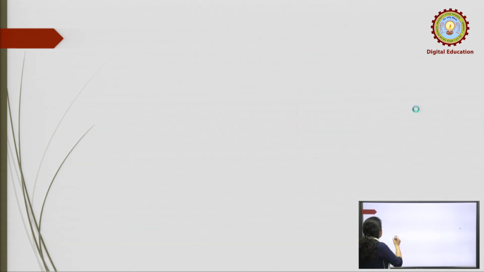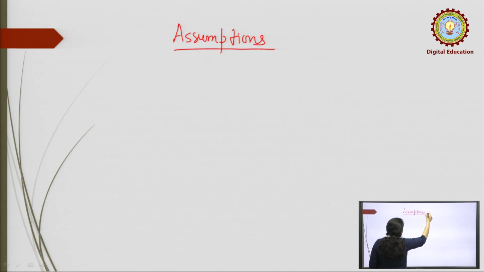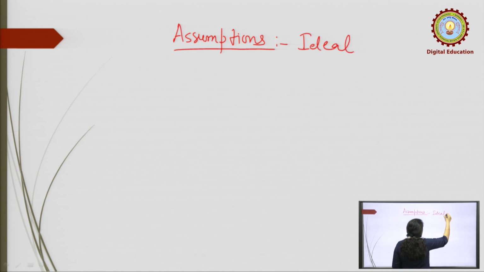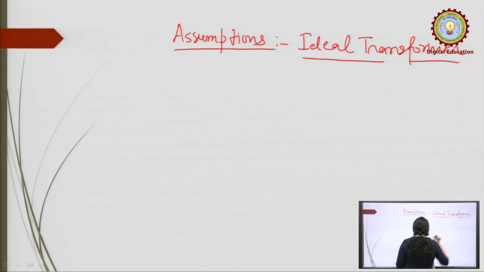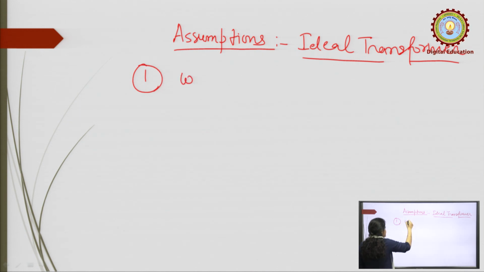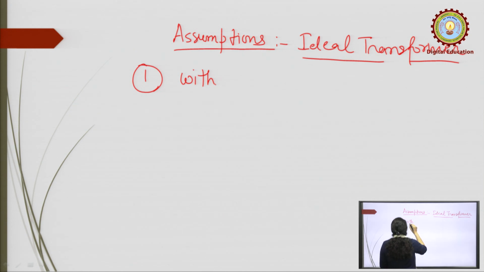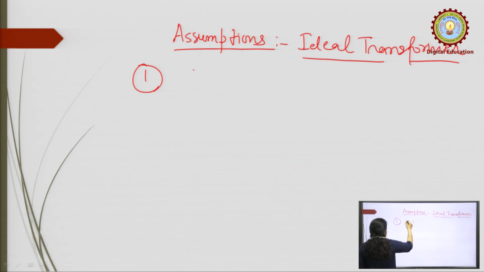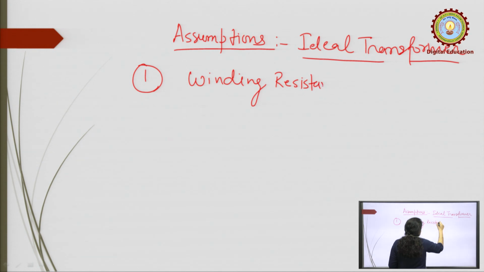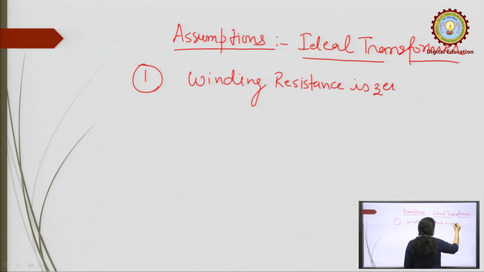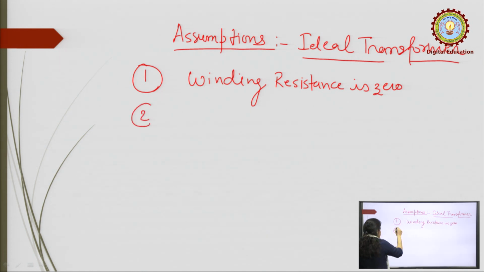I am taking another slide, assumptions. So, first I am assuming that the winding resistance of both the windings is 0. The second assumption you are taking is that there is no leakage flux.